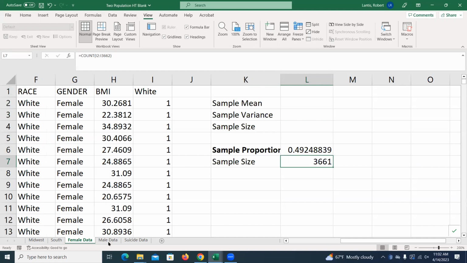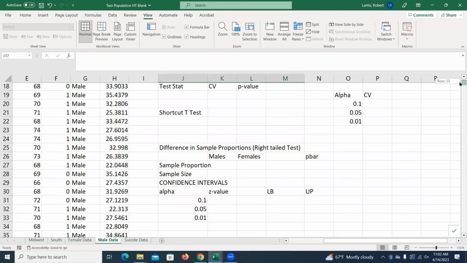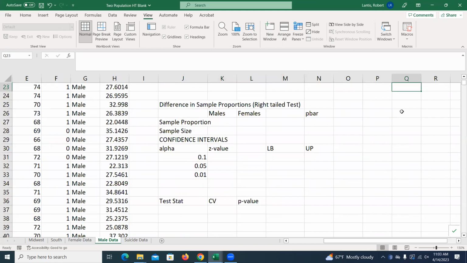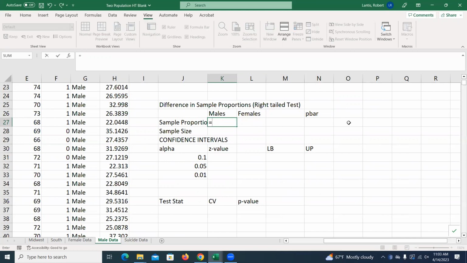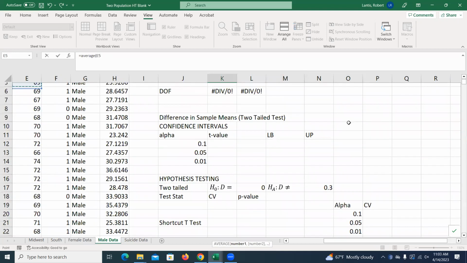I think I'll define this as group 2. I then go over to my male data worksheet, and I'm going to have to scroll down a little bit. So I've got this set up where I've got my male and my female sample proportion, sample size. I now need to find the sample proportion of my males that are white versus non-white.